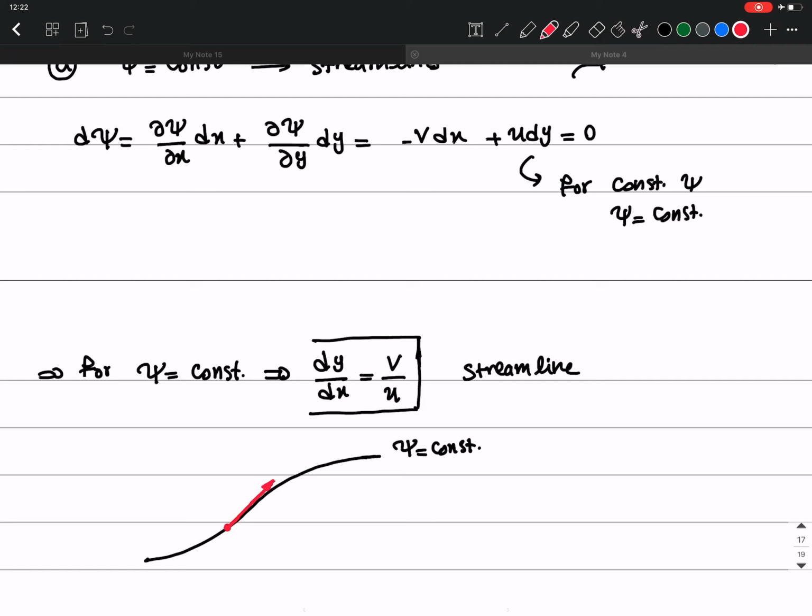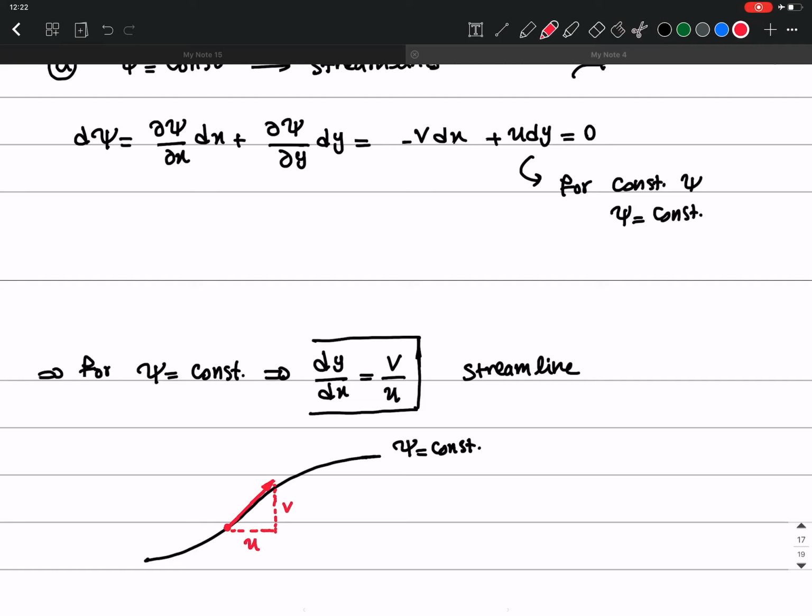Let's say this is the v component, and this is the u component of that.